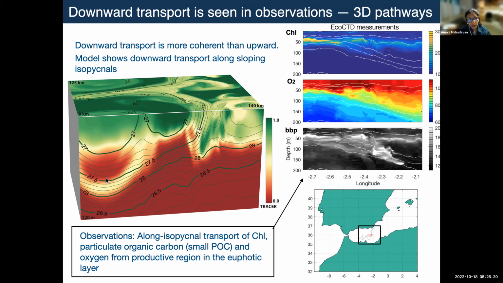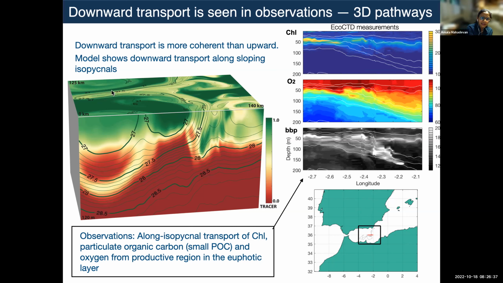So a non-monotonic vertical profile in chlorophyll tells us that there's a secondary maximum which is not related to growth, and it must be due to the vertical transport or subduction, which is now linked with the horizontal transport.